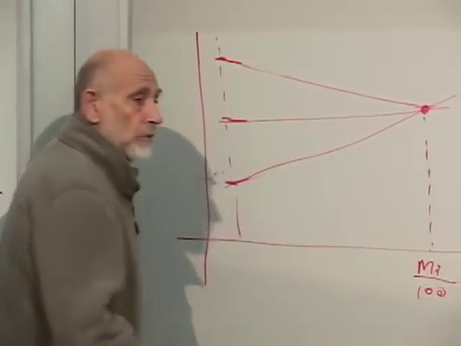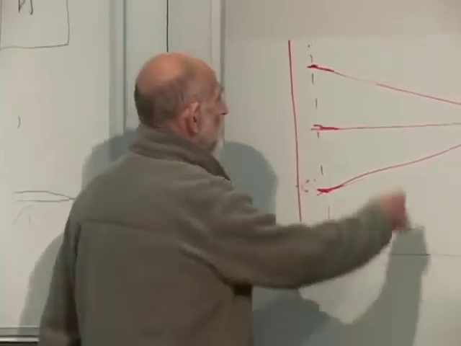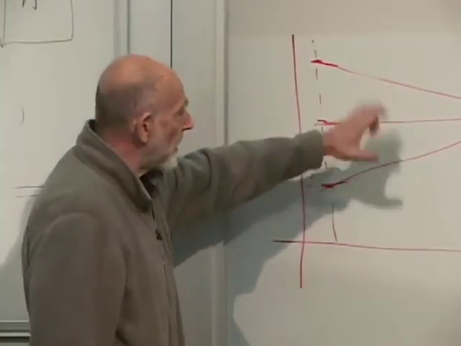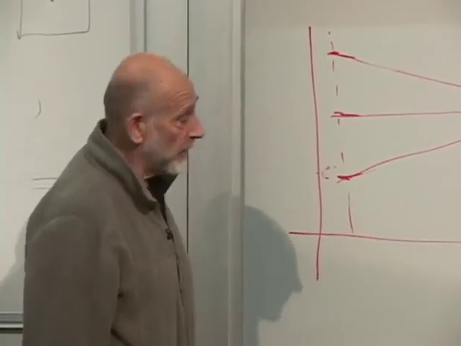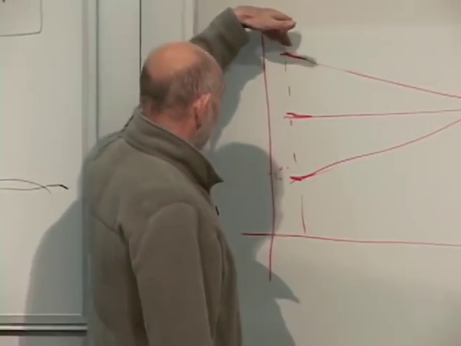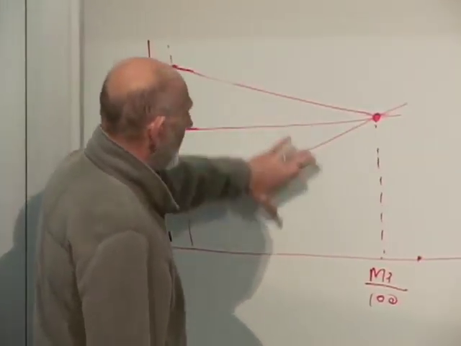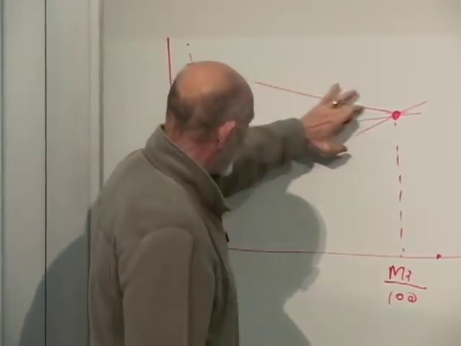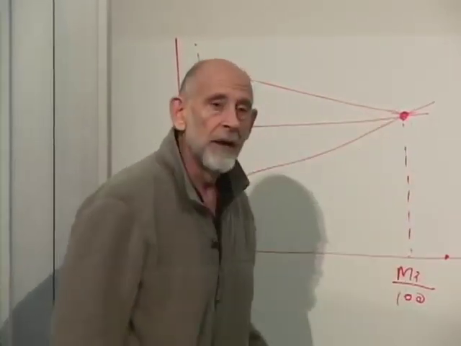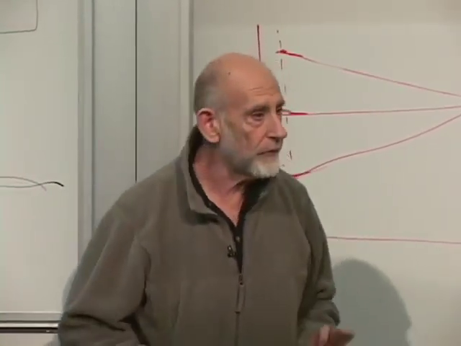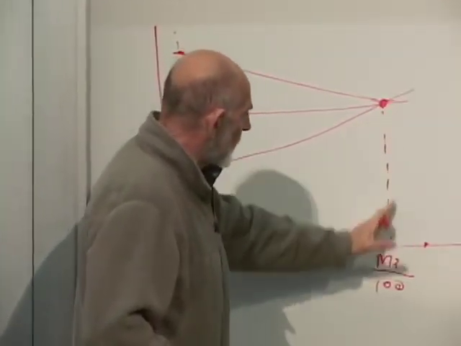Now, of course, we don't know with certainty that there's not all kinds of things going on at higher energy here which would muck this up badly. But what we do know is that if there is nothing in here to muck things up badly, and there's some reason to believe that, these coupling constants would just come together at this scale. The meaning of that is that conventional quantum field theory seems to be working to about here.